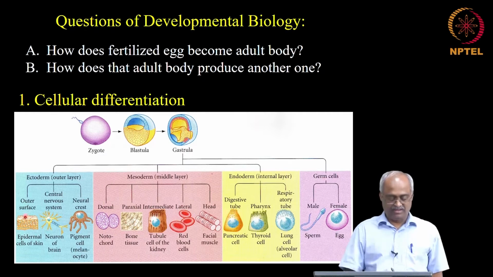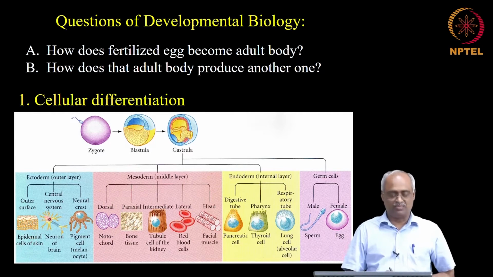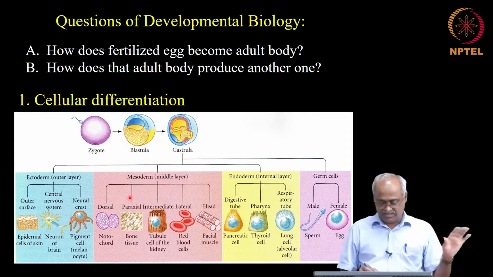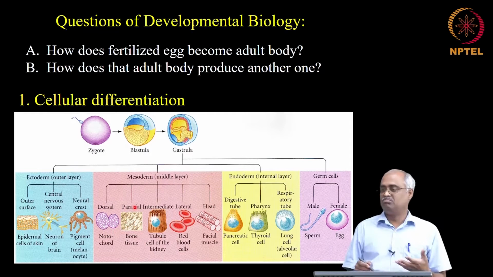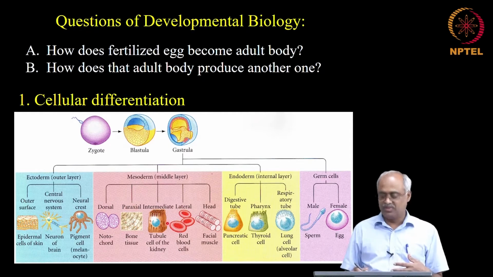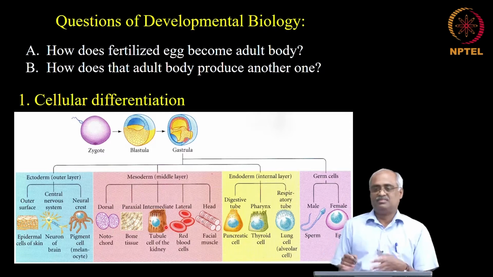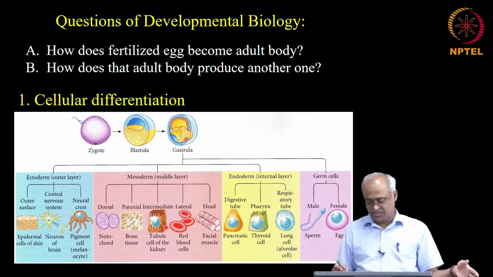Yeah, so you can see at the left end you have epidermal cells, you have skin cells, nervous system, neurons, these two do not look alike, and so on. If you go, the pigment cells are very different, then notochord that will come in the embryo, that is a transient structure. Bone, bone cells are very different from the nephrons of the kidney, right. Red blood cells, no resemblance to any of the other ones we saw.